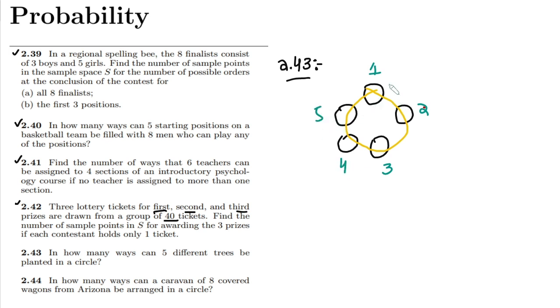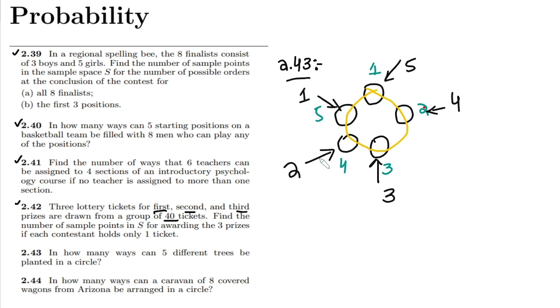Now considering the number of options for each position: for the first position, for the first tree, how many options would I have? I will have 5 options here. How many options will I have here? If one has been planted already, I will have 4 options. How many here? I will have 3 options. How many here? 2. And for the last one I will have only 1 option.